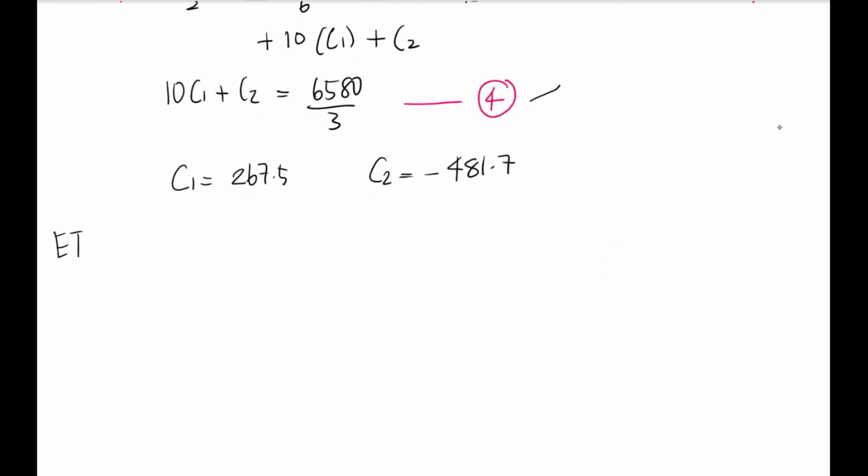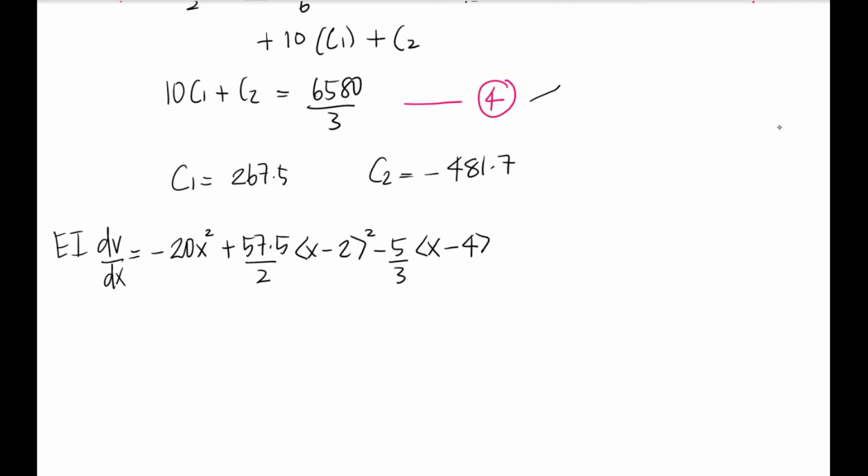So first we write equation of slope, negative 20x power of 2 plus 7.5 divided by 2 x minus 2 power of 2 minus 5 over 3 x minus 4 power of 4 plus 5 over 3 x minus 6 power of 3.